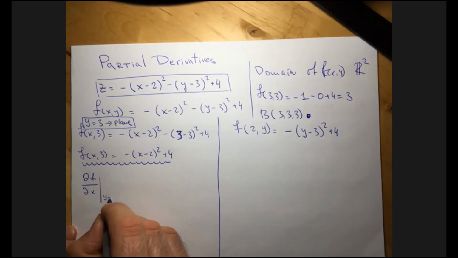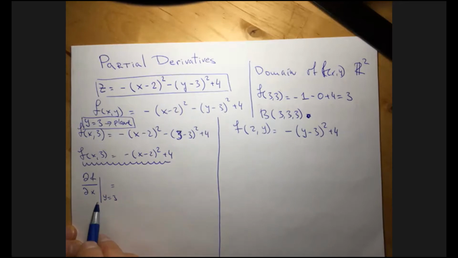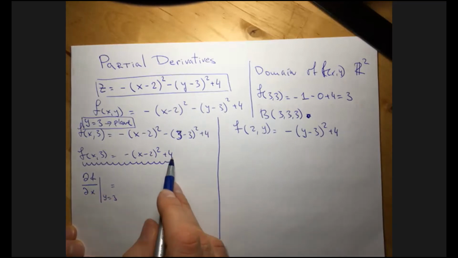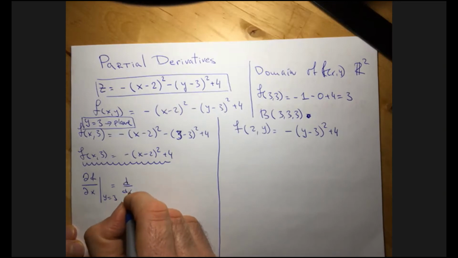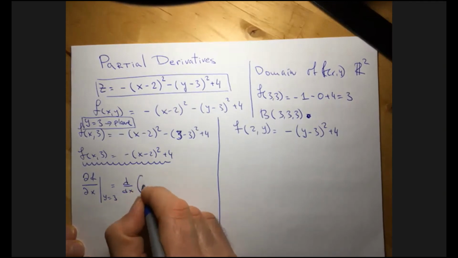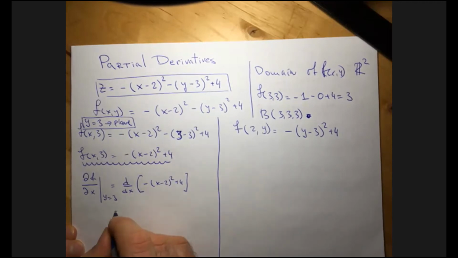When y is equal to 3. So that's equal to, because when y is equal to 3, this becomes a function in one variable, d dx of negative x minus 2 squared plus 4. And this derivative is just negative 2x minus 2. Okay?